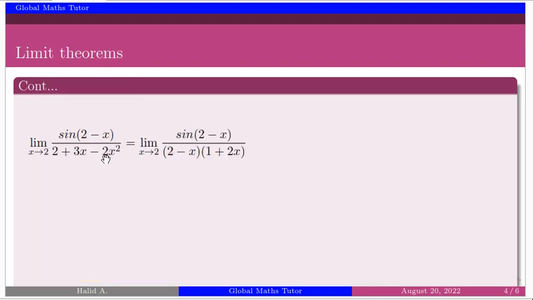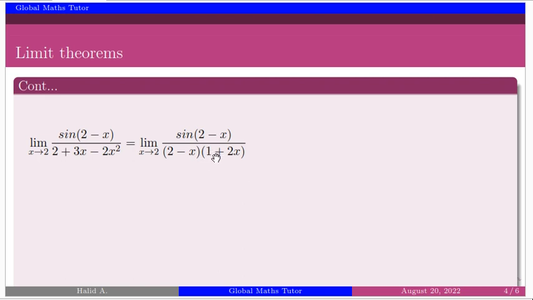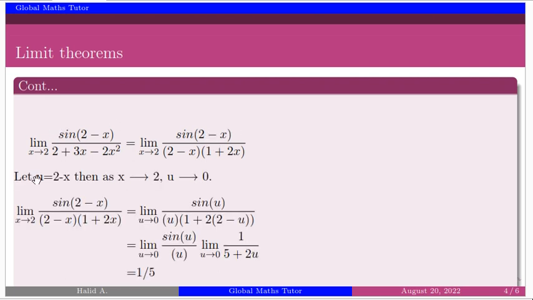The first thing we're going to do is factor this out as 2 minus x times 1 plus 2x. So here we have 2 minus x and 2 minus x. If we let this one be some variable, let u be 2 minus x, so as x approaches 2, u will be 2 minus 2, so u approaches 0.